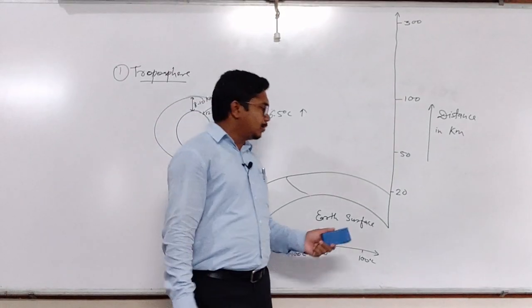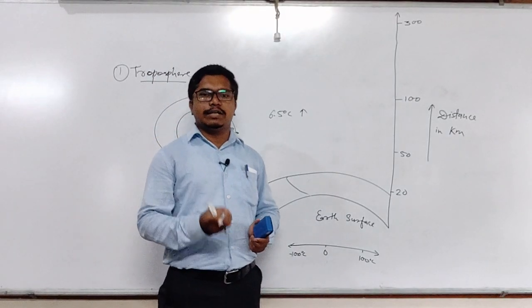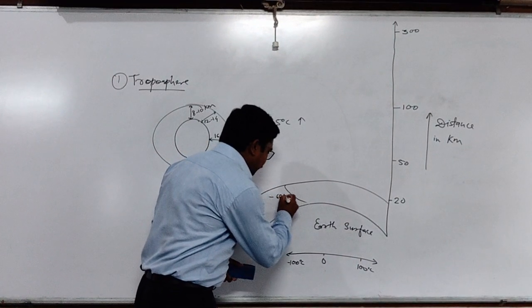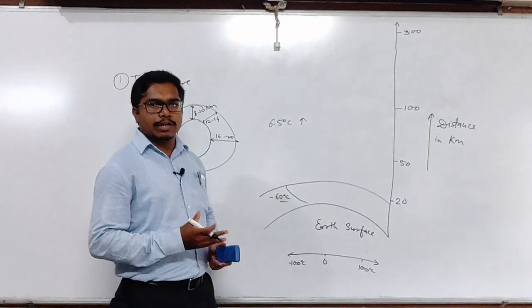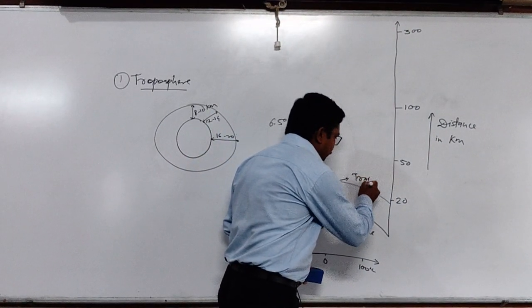That is, if we move above the surface of earth, we will see a decrease in temperature up to minus 60 degrees Celsius. The upper layer of this zone contains a small boundary. That boundary is called tropopause.